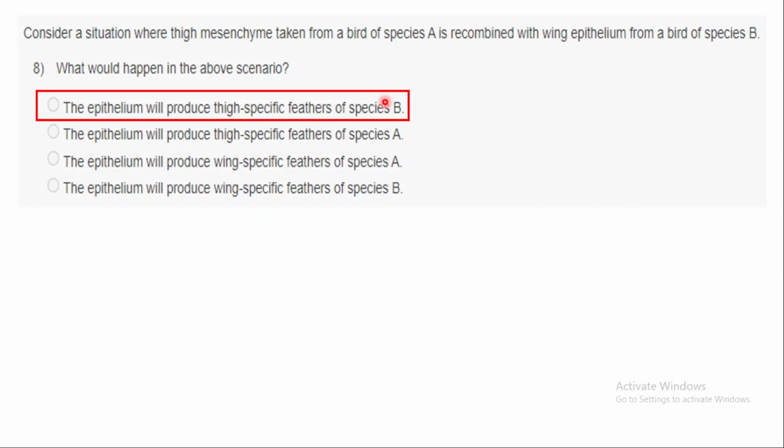Signaling is from A, right? Yeah. But here we are talking about different species, right? Do you understand now the point? So whatever structure, see the signal. Yeah.